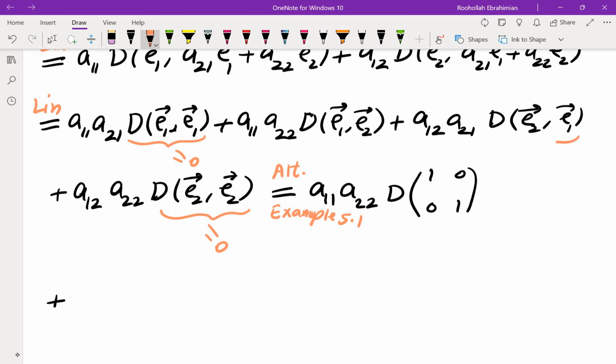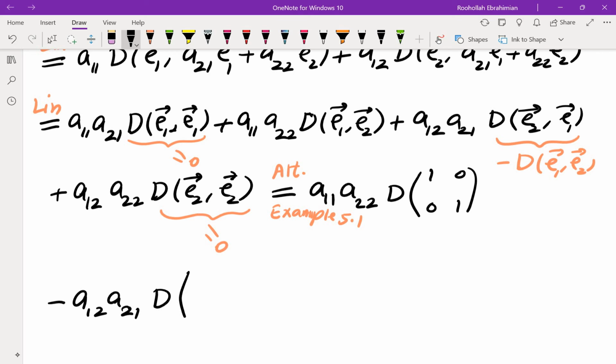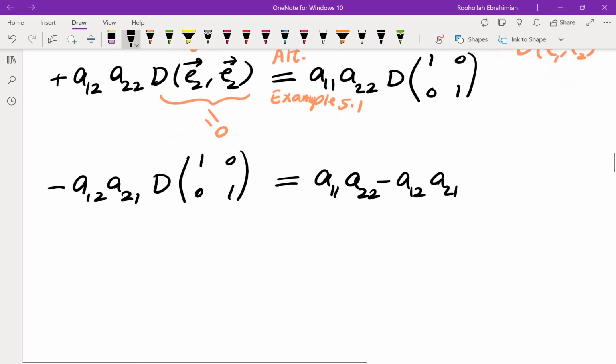So I'm going to replace d of E2, E1 by negative d of E1, E2, that is, minus a12 a21 d of (1, 0), (0, 1). I just swapped E1 and E2 and got the identity matrix. Now d of identity is 1, so we get a11 a22 minus a12 a21.